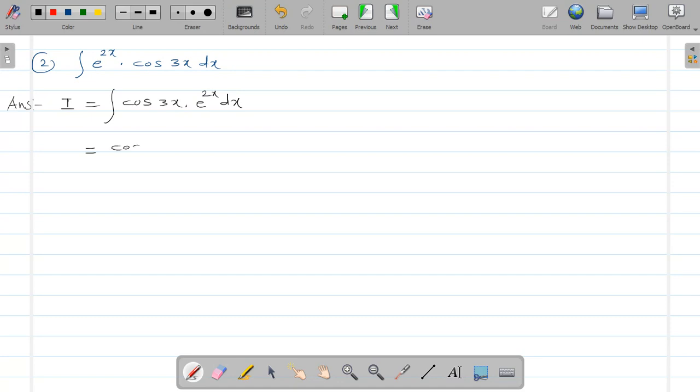So cos 3x as it is into the integration of e raised to 2x dx, minus integration of bracket derivative of cos 3x into integration of e raised to 2x dx, bracket close, with respect to x.